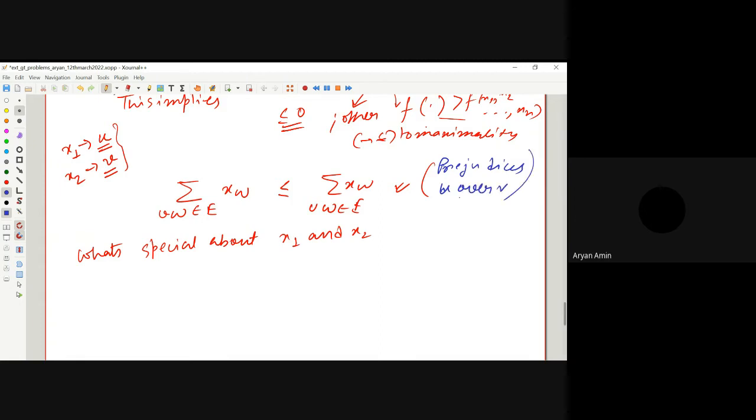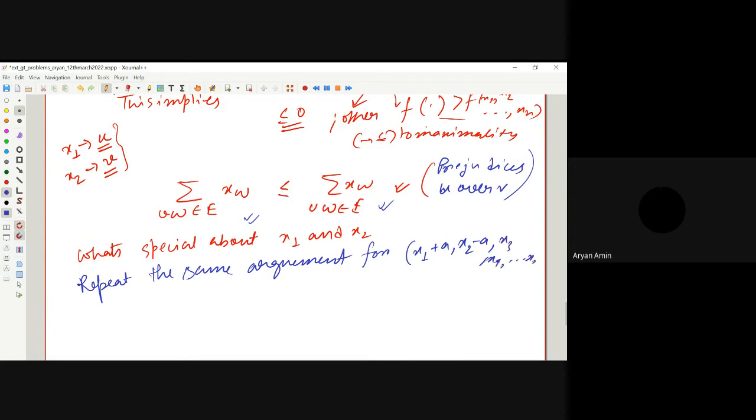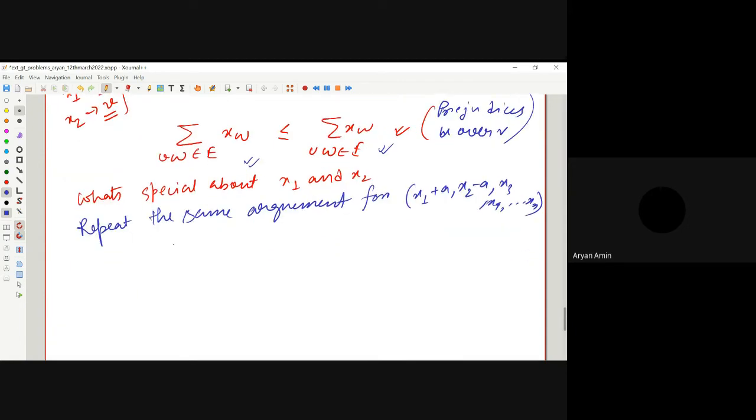They could be anything. Why should you have this sum greater than v? So you can basically repeat the same argument we just did for x1 plus a, x2 minus a, and x3, x4 up till xn to get the exact opposite inequality.